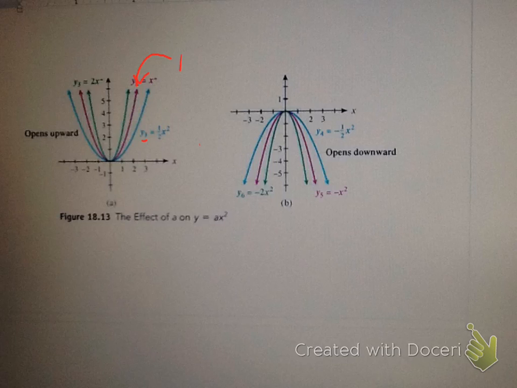That would be like 1 x squared. When you have a number less than 1, how do you describe what happens to your parabola? If you have fractions or decimals as a leading coefficient, what's happening to that parabola? It's getting wider.